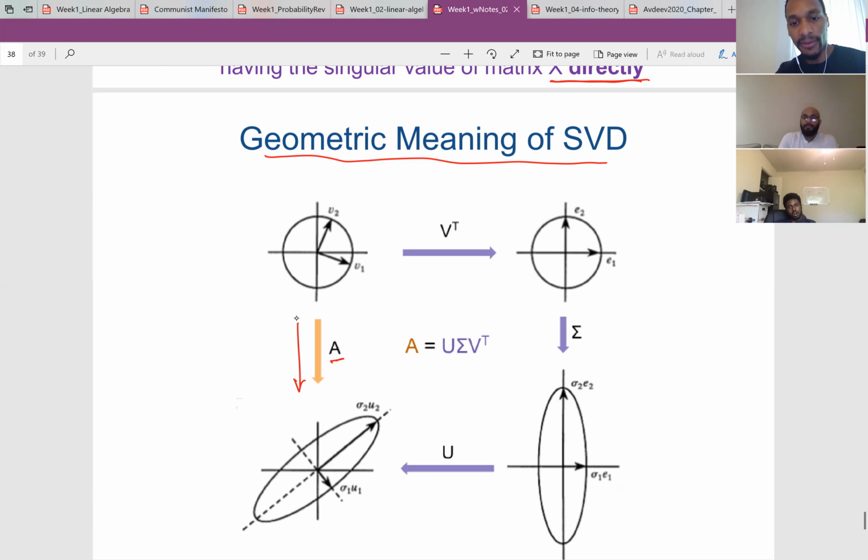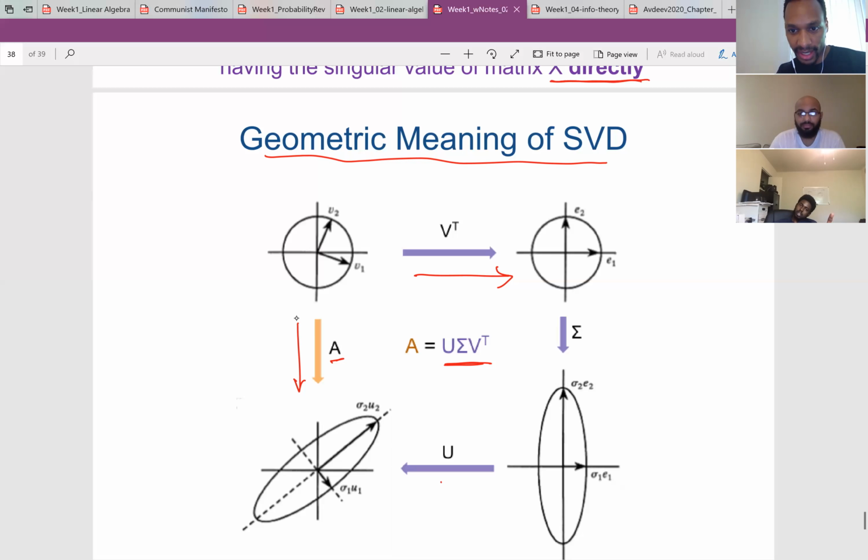Versus if you use the singular value decomposition, it's just like taking them to the same place, but you basically do the steps in different ways. So first, I think this is, well, I don't actually know what they're doing, but I think this is the scaling or the rotation. No, this U is the rotation.